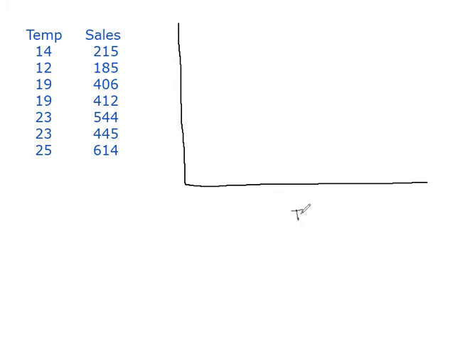We have our x values are temperatures in degrees Celsius, and our y values are sales in dollars. The temps go from 12 as the lowest to 25 as the highest, so maybe I'll start my x-axis at 10. Then I can go 11, 12, 13, 14, 15, 16, 17, 18, 19, 20, 21, 22, 23, 24, 25.